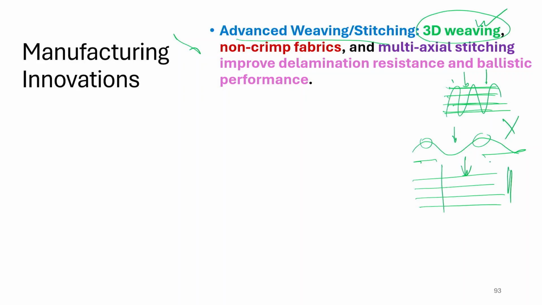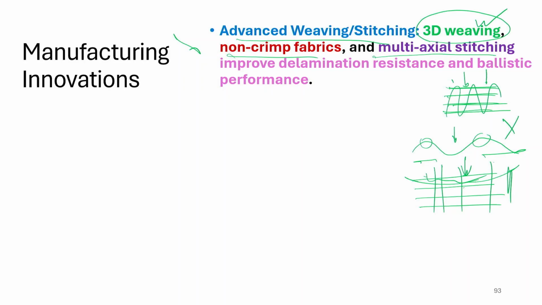The area of deformation through the contact points will increase, so the load spreads over a larger area and the impact energy is absorbed by the larger area. Okay. So, that is the non-crimp fabric we can produce by advanced weaving technology.